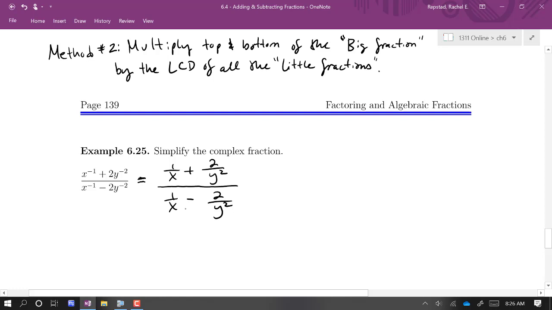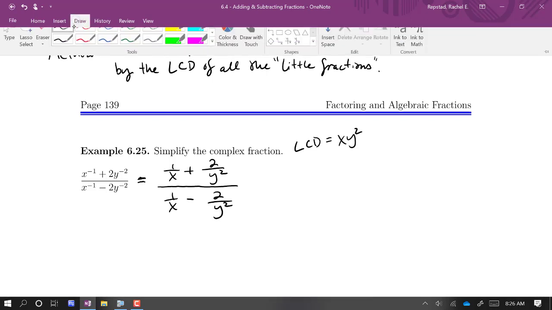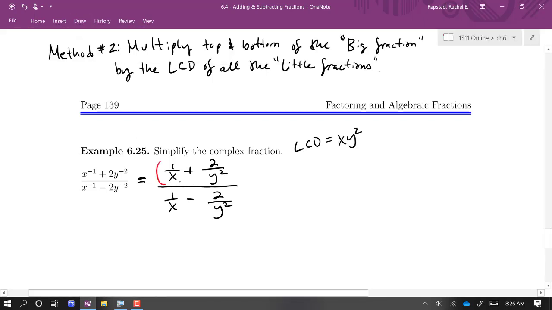So this method says we're going to multiply the top and the bottom of the big fraction by the LCD of all the little fractions. So if I look at all the little fractions, which is just 1 over x and 2 over y squared, the LCD here is xy squared. So what we're going to do is multiply the top and the bottom by xy squared, like so.